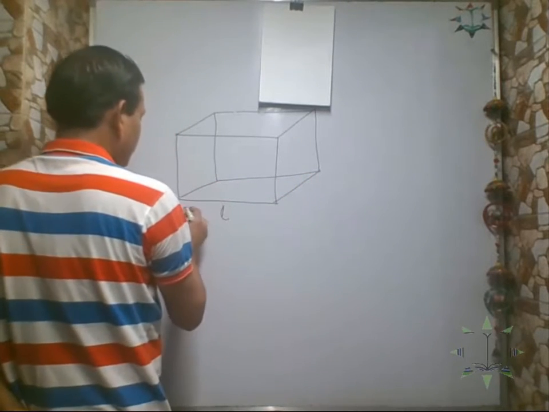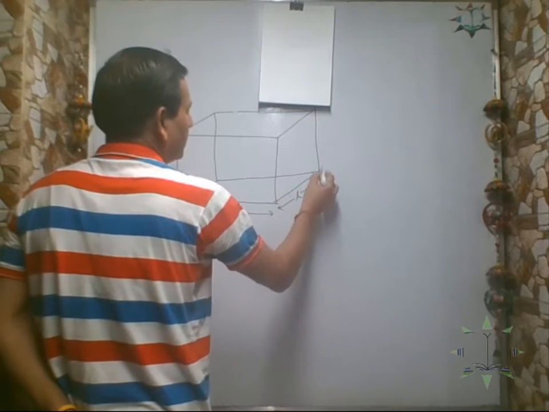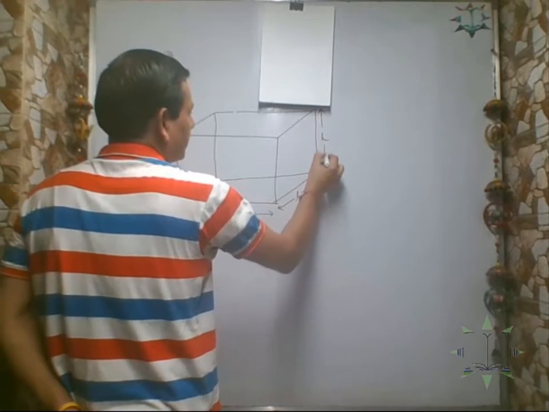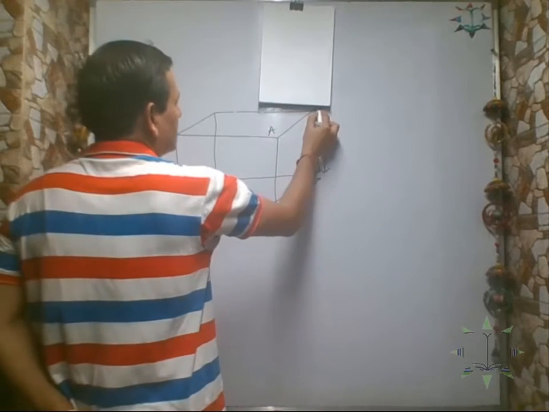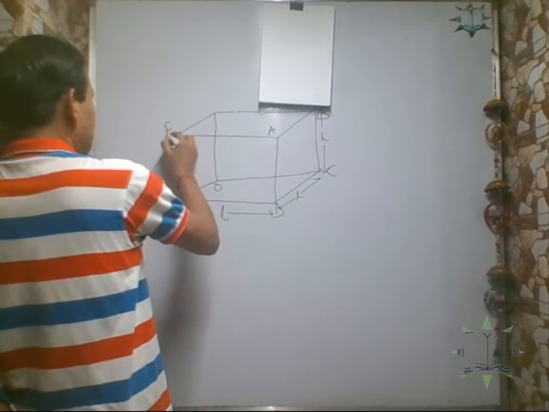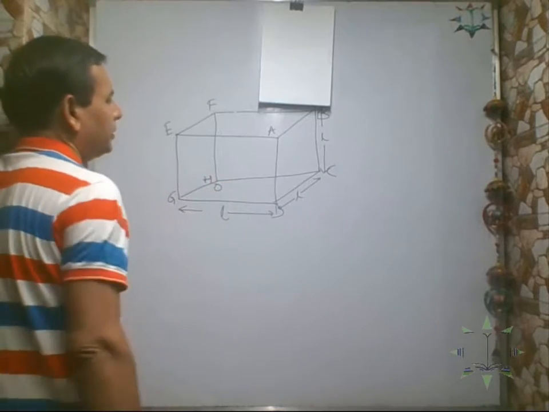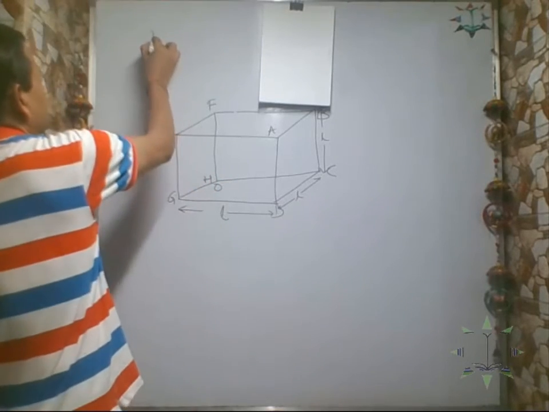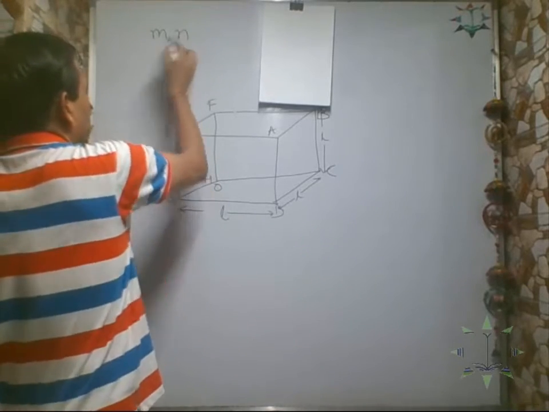So L is the length of each edge of the cube, correct? Suppose this is the origin. The vertices are A, B, C, D, E, F, G, H. Let m be the mass of each molecule of the gas, and N the number of molecules of the gas.